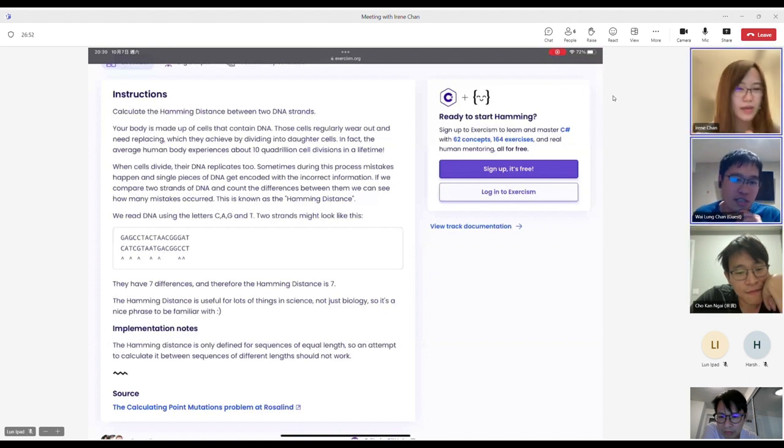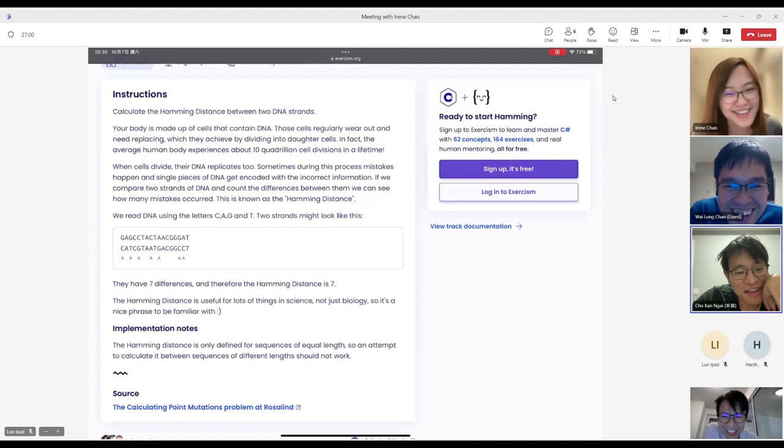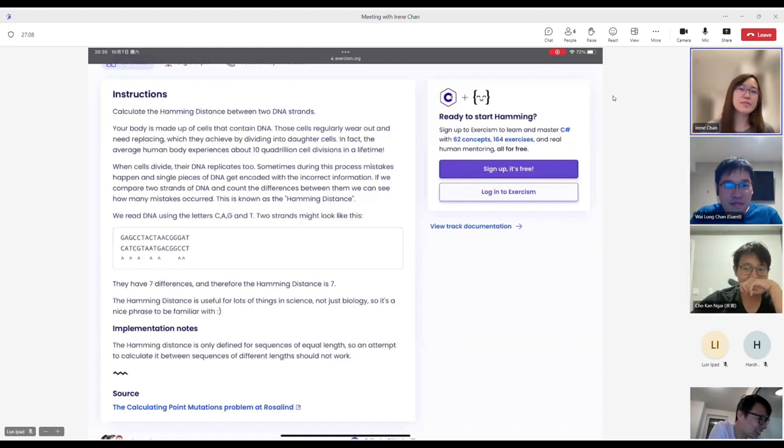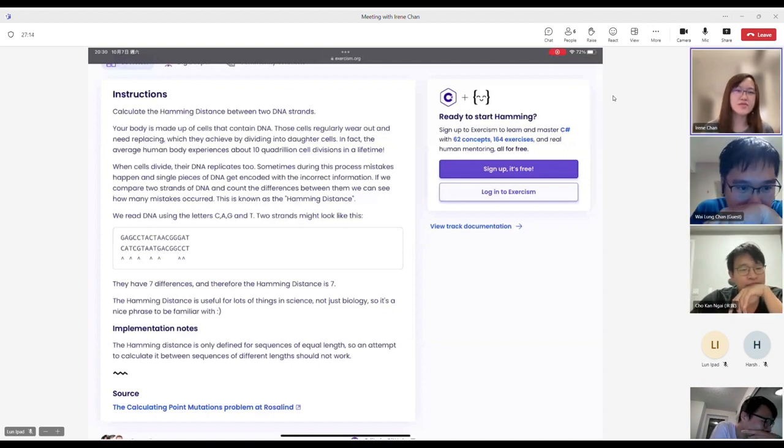So it's the differences between the two sets of characters. We're just trying to match the characters, if they're the same or not, right?